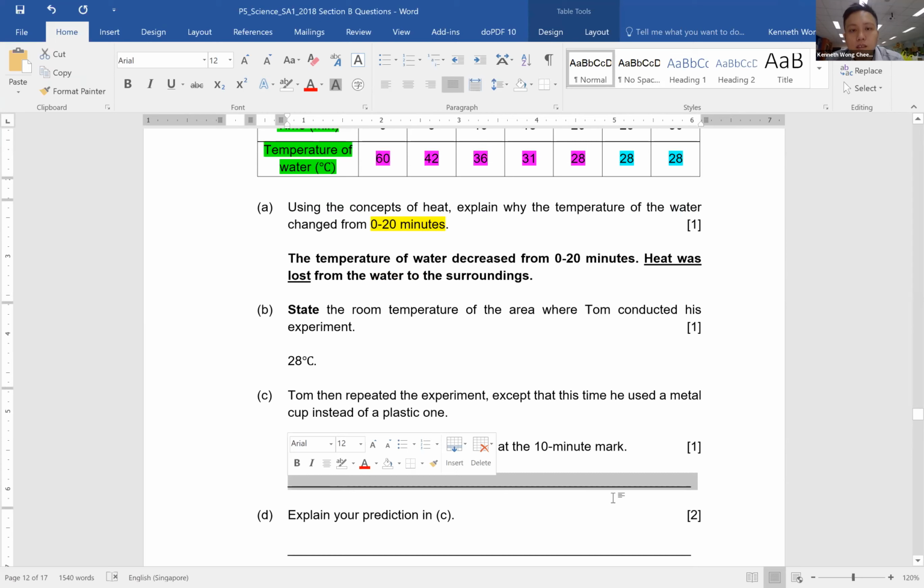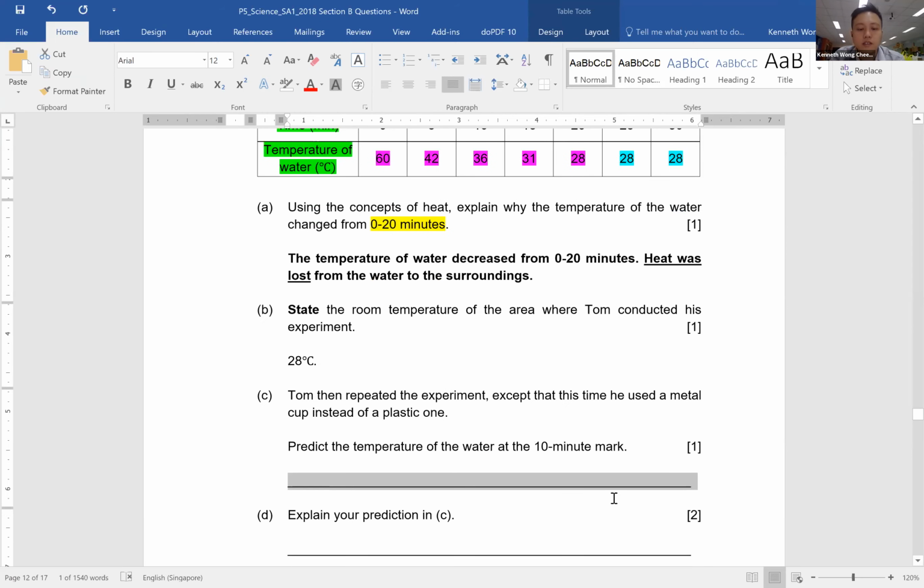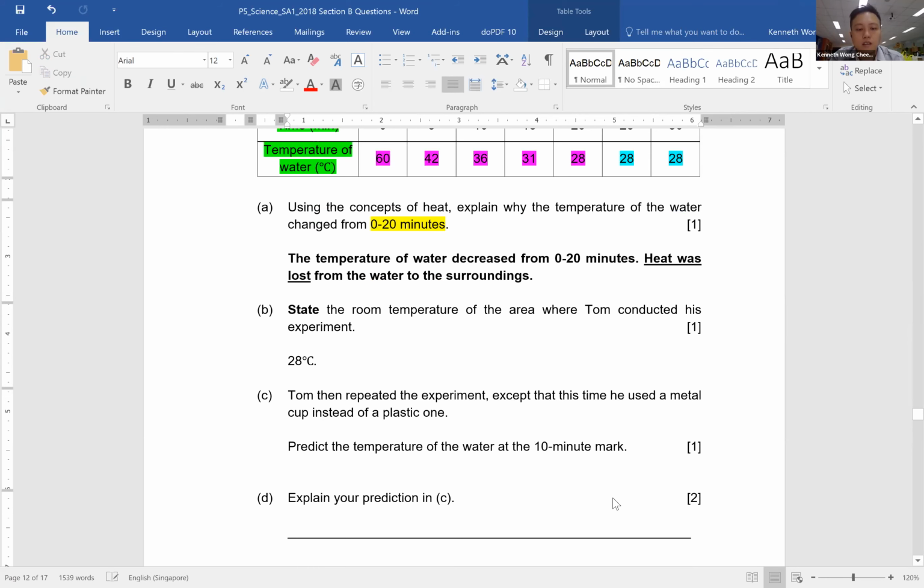The question asks you to predict the temperature of the water at the 10-minute mark. The answer here is anything below 36 degrees Celsius. So you can write 30, you can write 28.